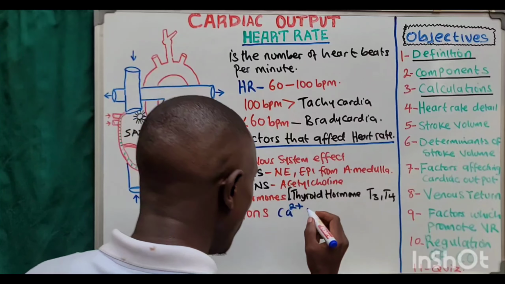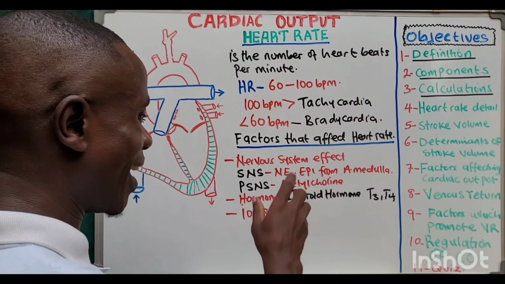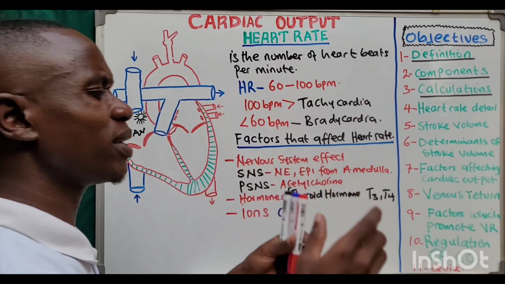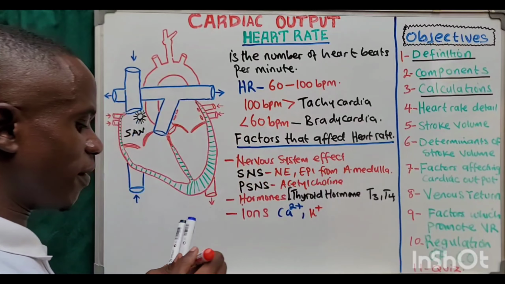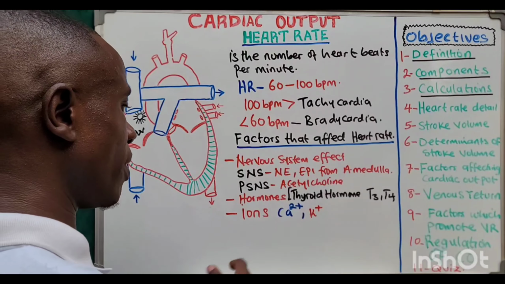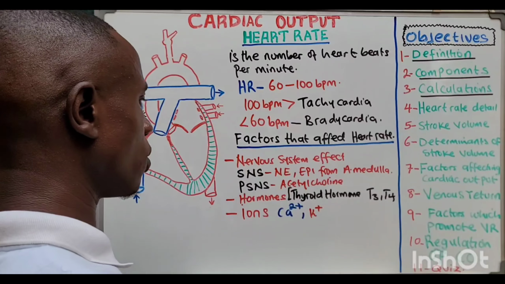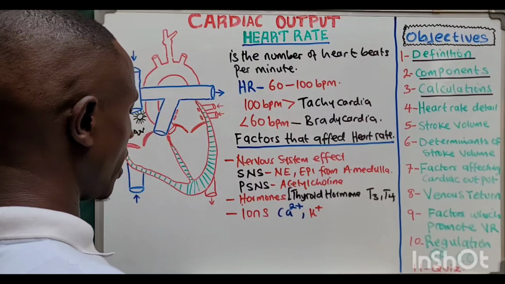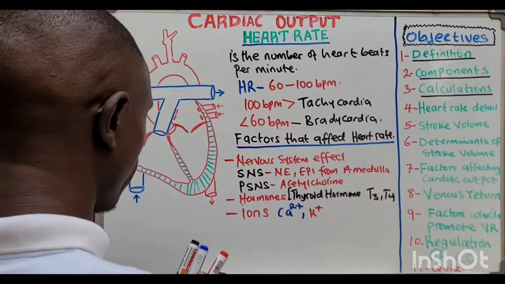Okay. Another ion which can slow down heart rate whenever it becomes excessively high is the potassium ion. So whenever you have too much of the potassium ions, that one can also reduce the heart rate. Okay, it is also such another beautiful thing.